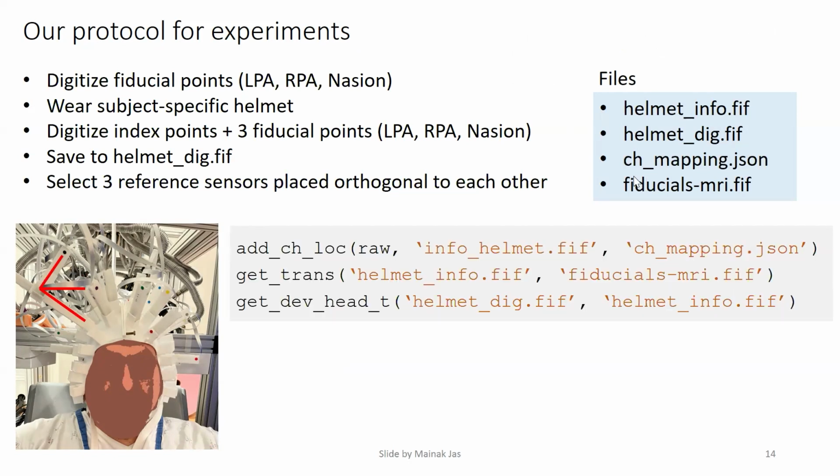And we had these 3 different functions, one to add the channel locations from our predetermined FIF file, which had the sensor locations, one to get the transformation matrix between MRI and head, and the final one to get the device to head transformation matrix. And once you have this set up, the rest of the MNE pipeline just works.